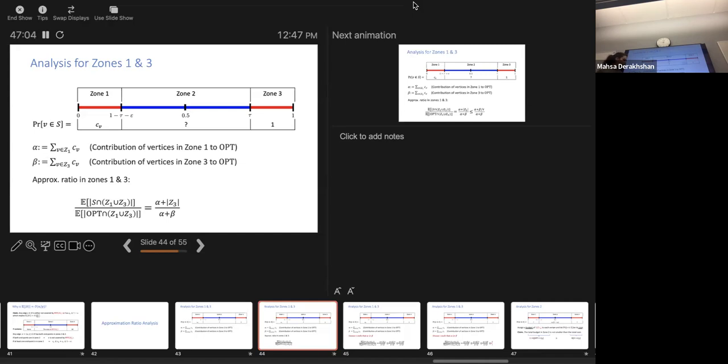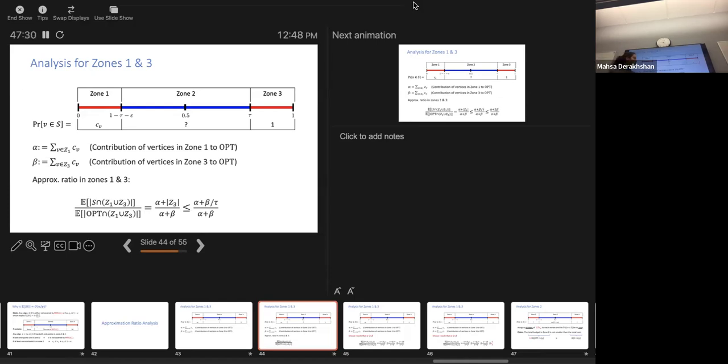So the expected number of them is exactly the number of them. And here, this is alpha plus beta, right? So Z3 is at most like 1 over tau larger than beta. Yes, something like that.